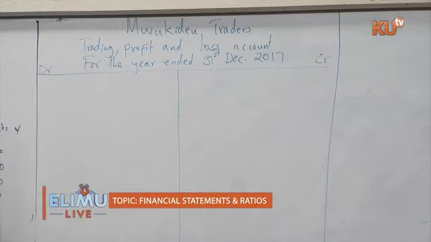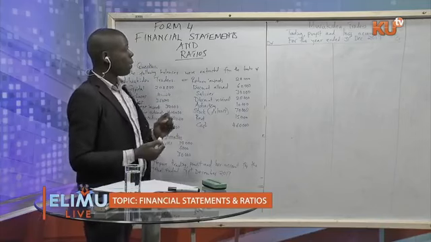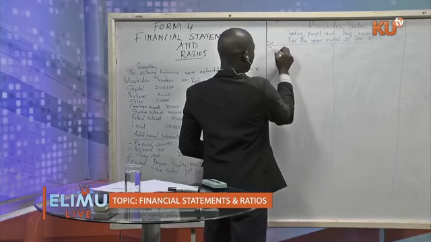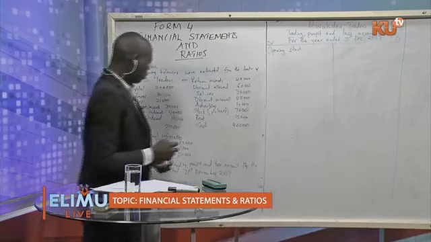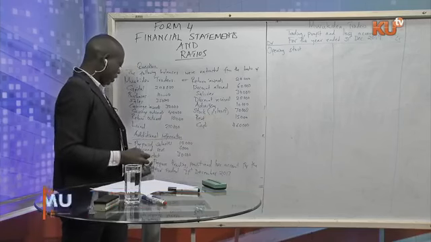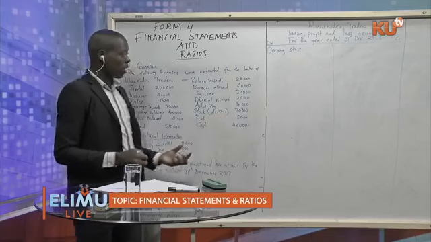We said the first thing you need to do in the trading profit and loss account is to record the opening stock. The value for the opening stock is given. It is clear that this is the opening stock because this is on 1st of January.